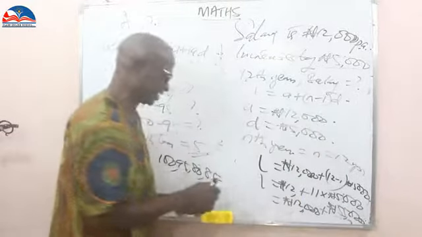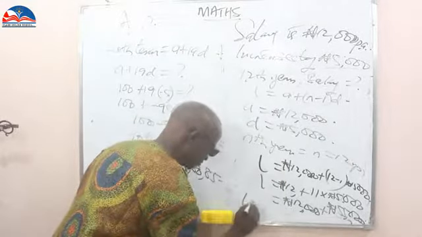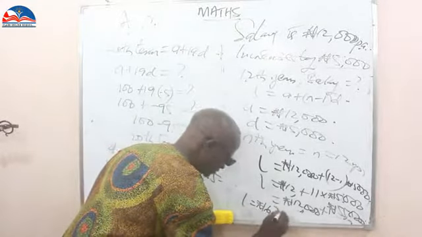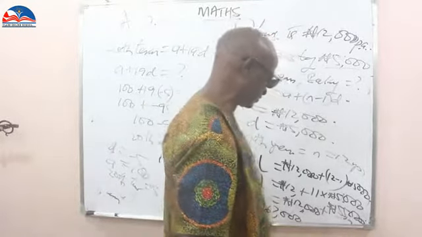That will be the man's salary in 12 years' time. Add that and it will give you 67,000. Therefore, the man's salary will now be 67,000.